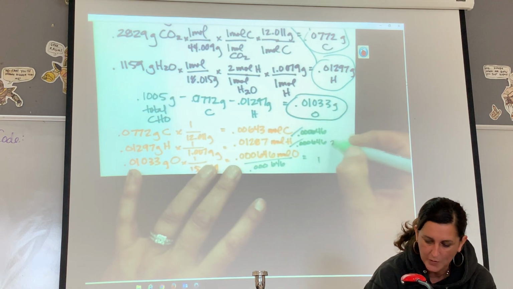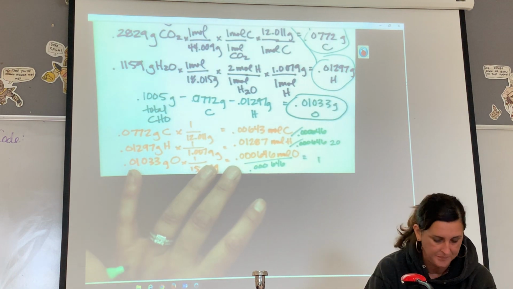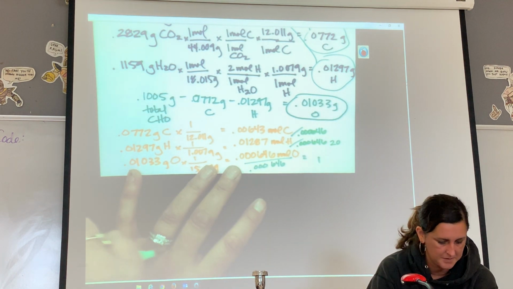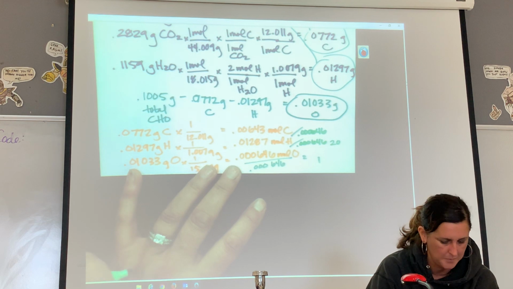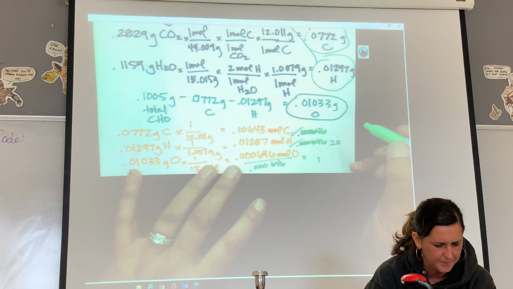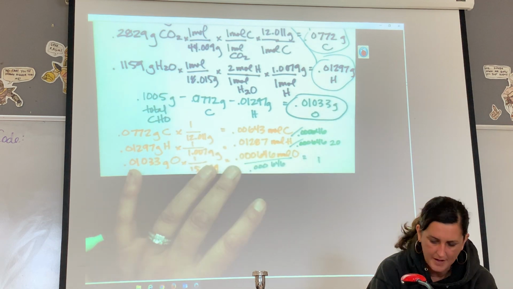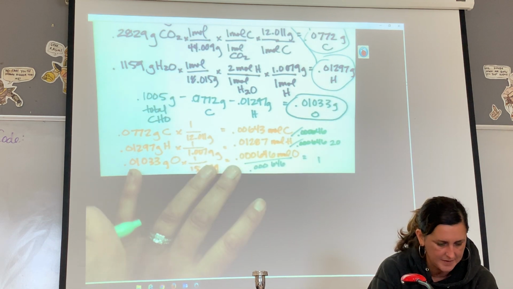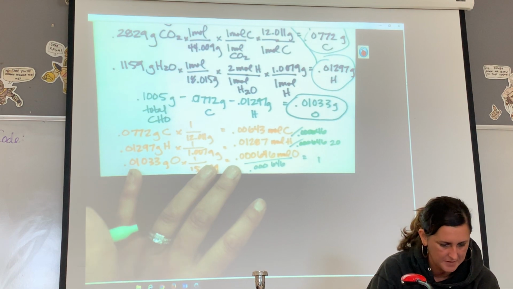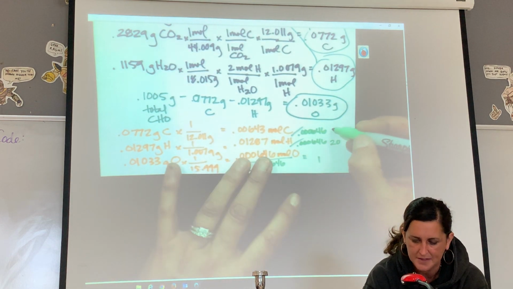And that gives us 20 here, which is a pretty big number. 0.000643 divided by 0.000646. And we can anticipate that that's going to be 10, I believe. Yeah, 9.95, that gives us 10.